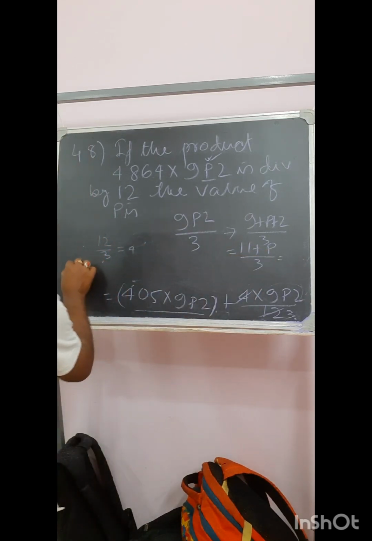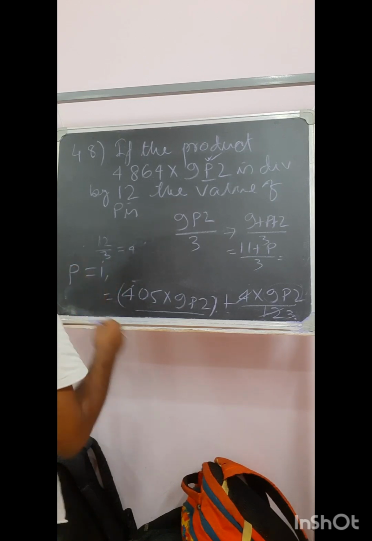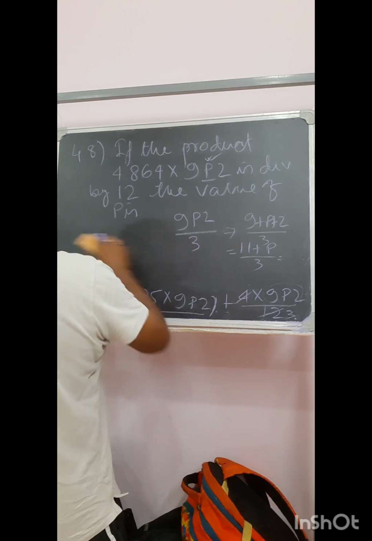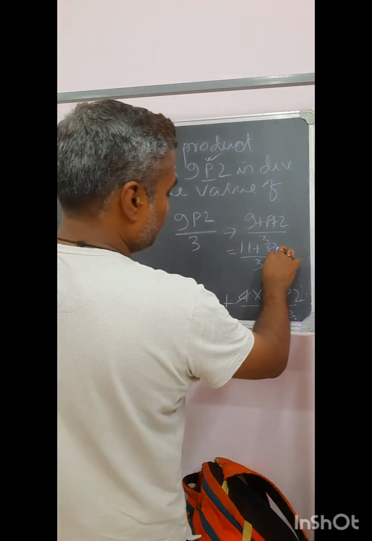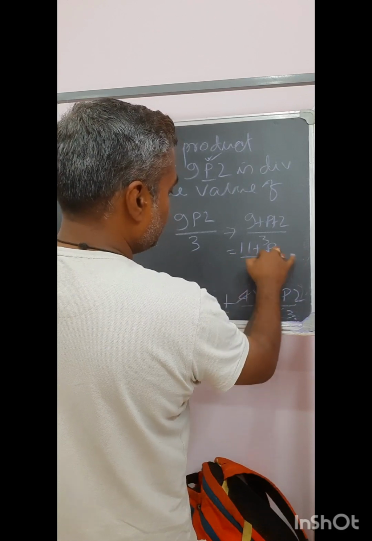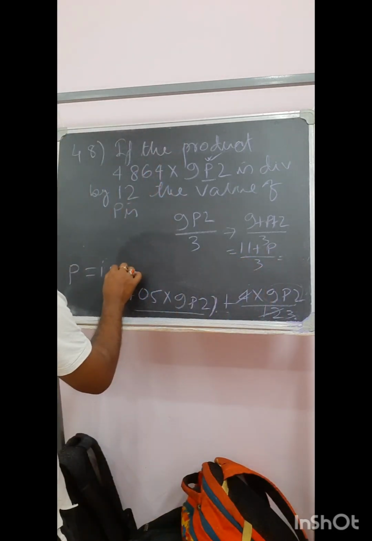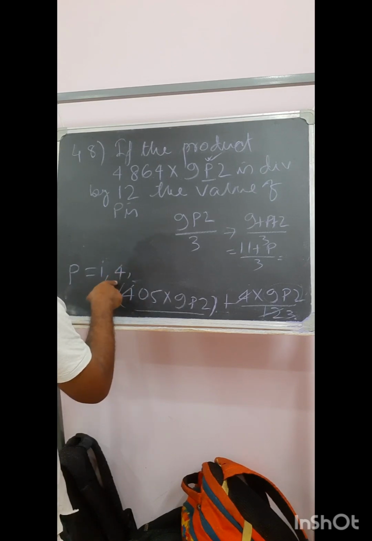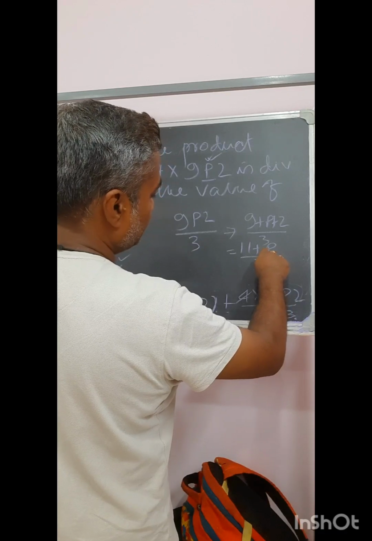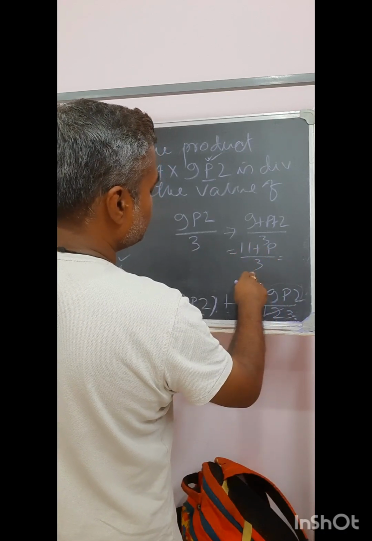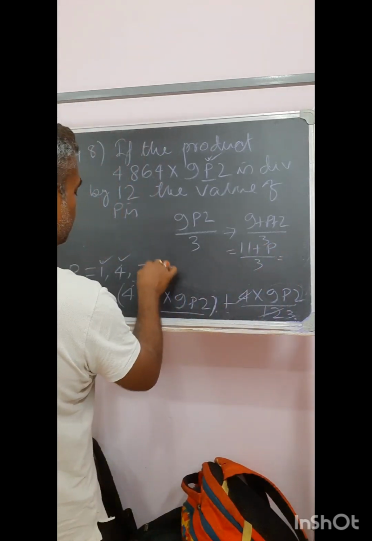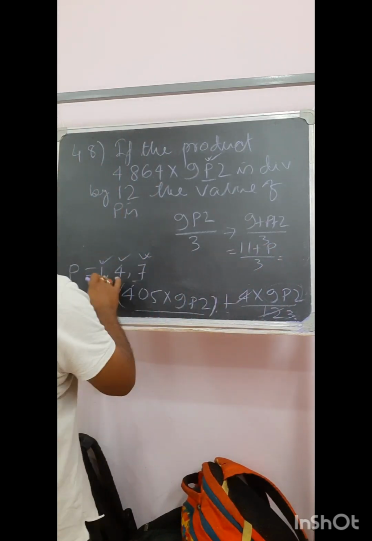So p can be 1. Let's see whether any other value is possible. If I take p equal to 4, then 11 plus 4 is 15, and 15 by 3 is divisible, so p equal to 4 is also possible. This is also a single digit number. Then next, p equal to 7 gives 18, which also gives an integer. So p is a single digit and holds good. So these 3 values are possible.